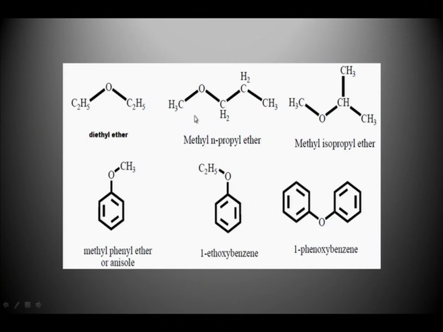In the next example, methyl n-propyl ether, different alkyl groups are attached on both sides of the oxygen, one side a methyl group and the other side a propyl group. So it is called an unsymmetrical ether.